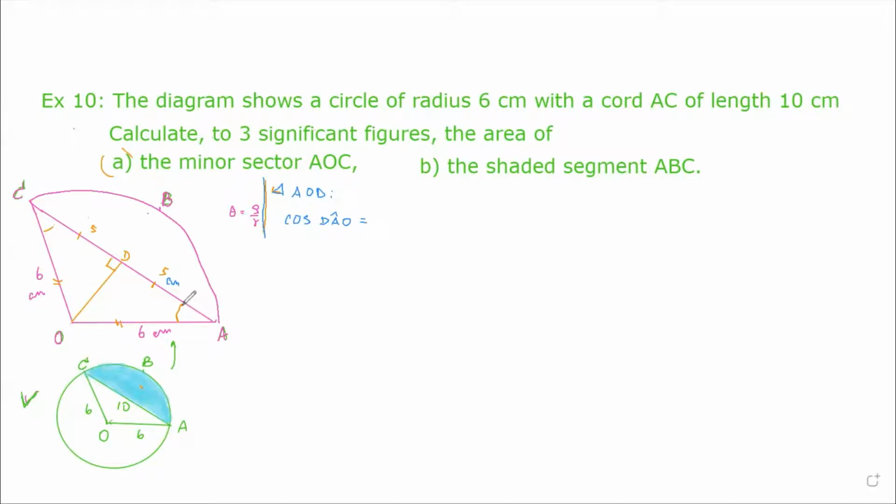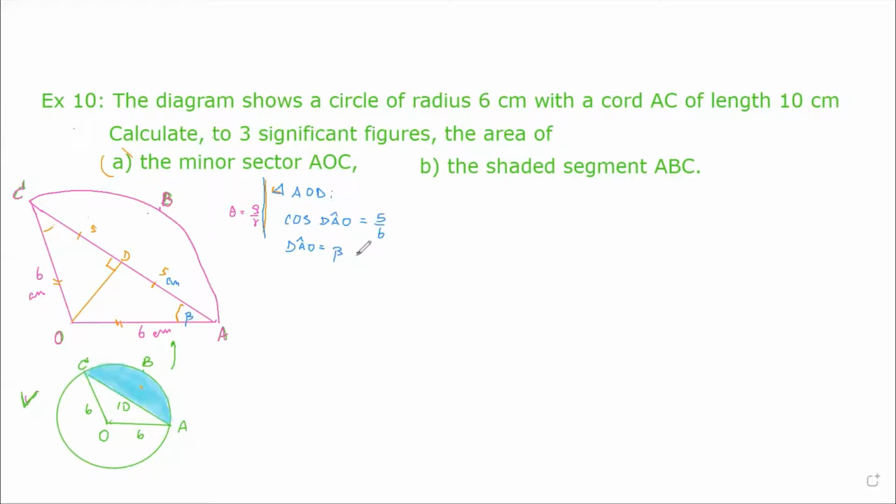DAO, okay, this angle. So cosine is adjacent over hypotenuse. So I have 5 over 6. I have 5 and 6, then you can find the angle DAO here. Maybe we name this one angle beta, okay.